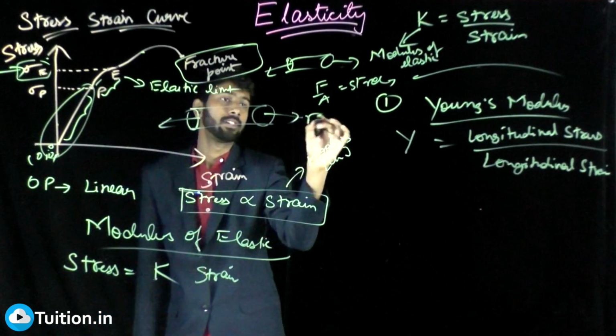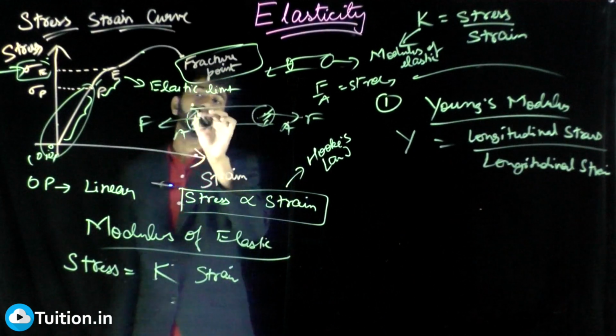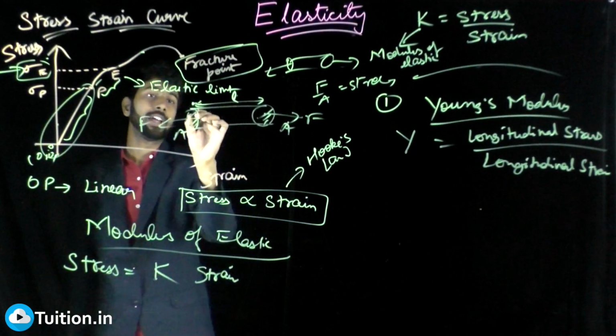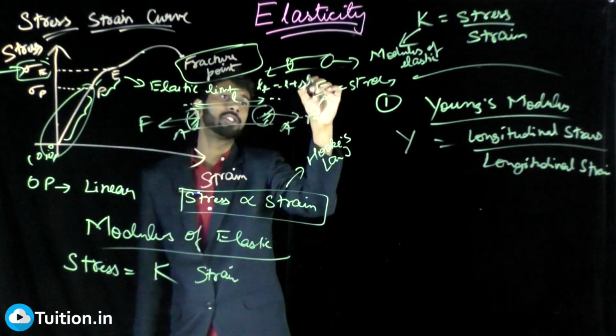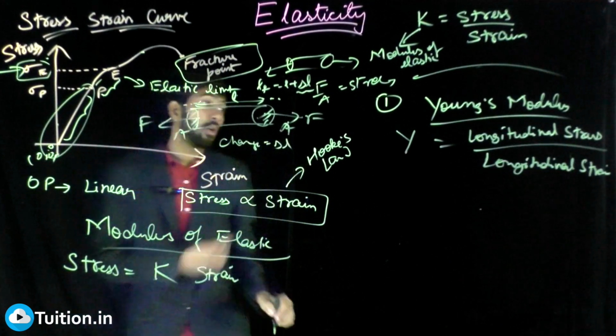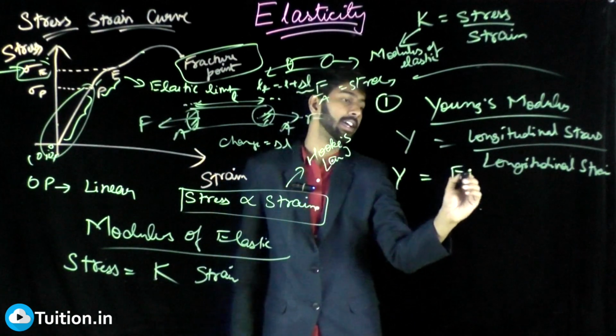So come back to that case where you had a rod like this, right? If I applied some force F, the area of cross section was A, the original length was L, but finally the final length LF was L plus delta L, where the change is delta L. So Young's modulus is longitudinal stress. Longitudinal stress is simply F by A, right?